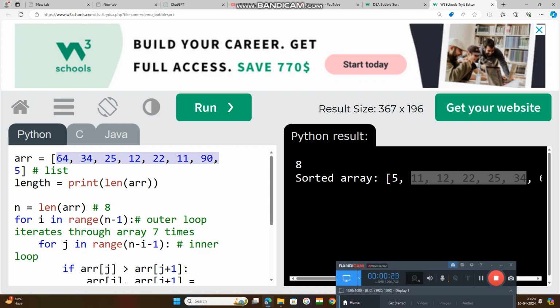So the index will start with 0 index, 1 index, 2 index, 3. So the last index is 7. So what is the last index?